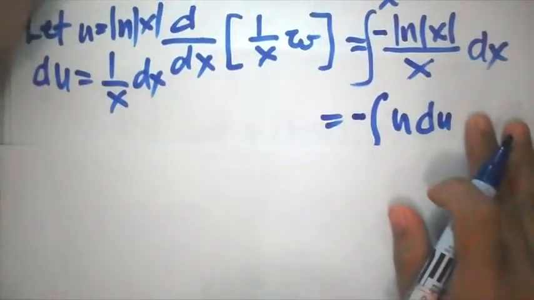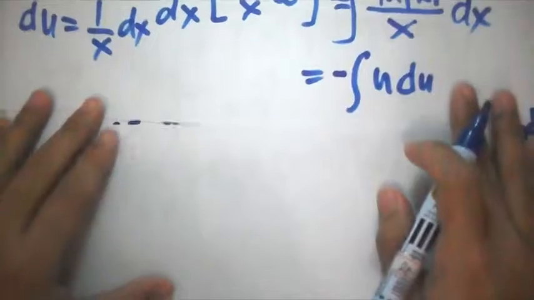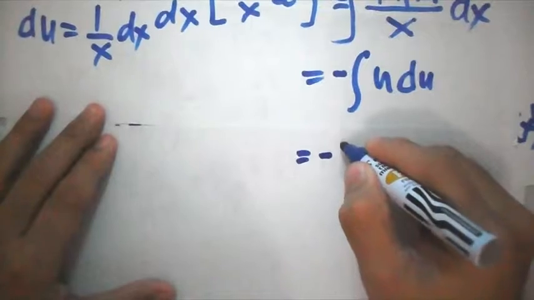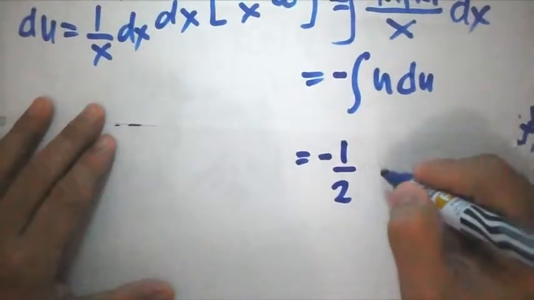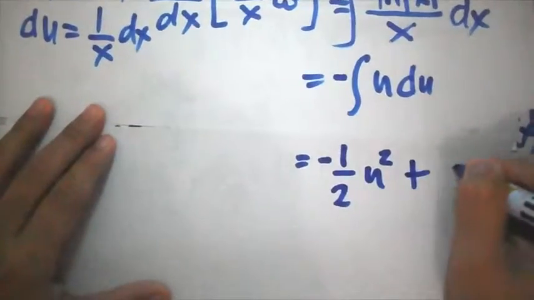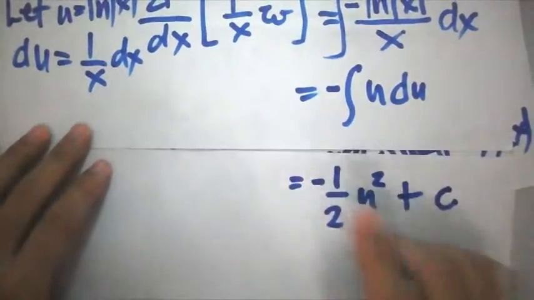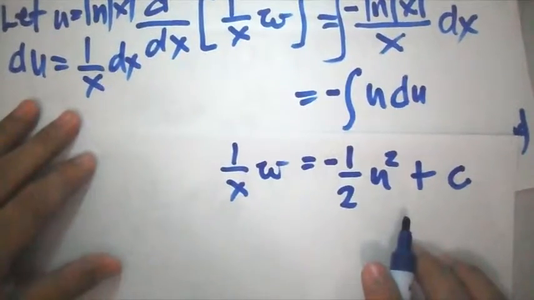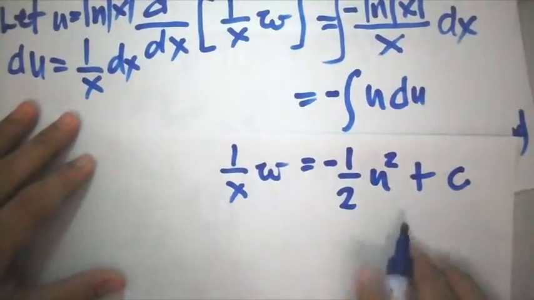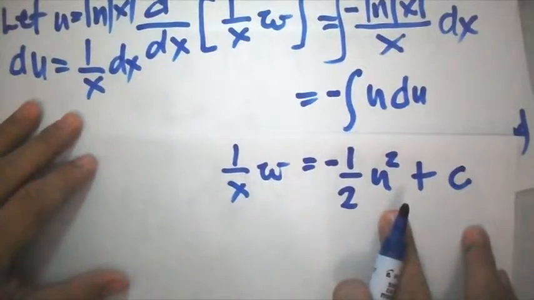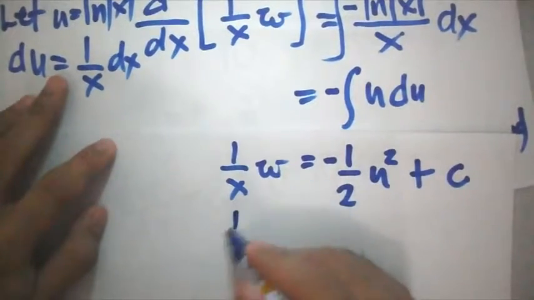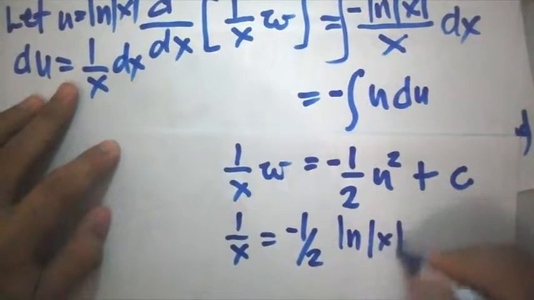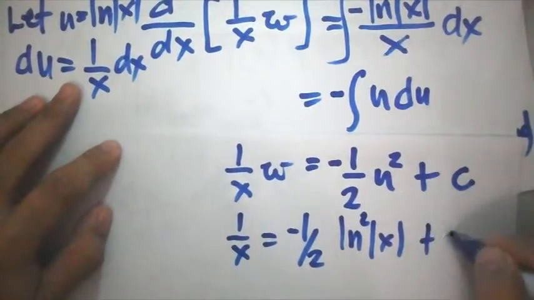So the integral of this will be negative 1 half u squared plus c. So the integral of the left side will be 1 over x w. So now u squared, where u is equal to ln x, so substituting, 1 over x w is equal to negative 1 half ln x squared plus c.